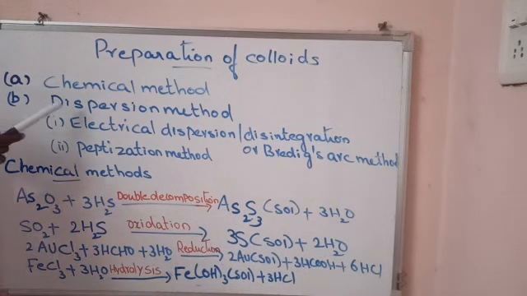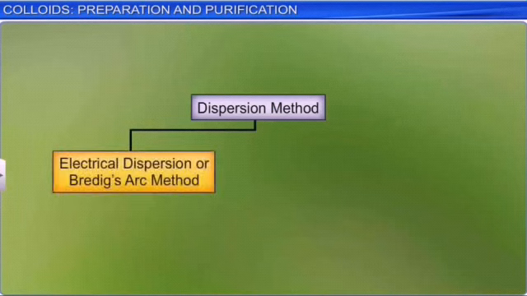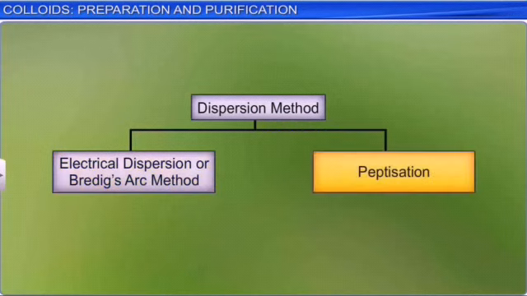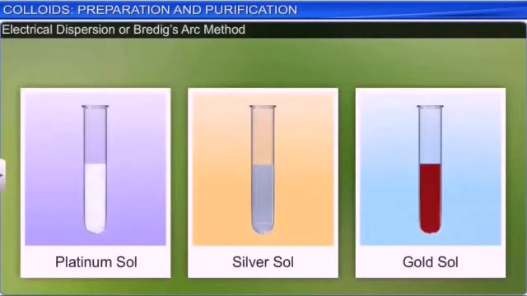Second method is dispersion method. The two common dispersion methods are electrical dispersion or Bredig's arc method and peptization. Let us discuss electrical dispersion or Bredig's arc method first. This method is commonly used to prepare colloidal solutions of metals such as platinum, silver and gold.